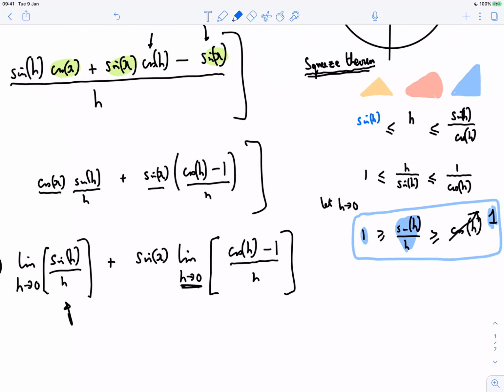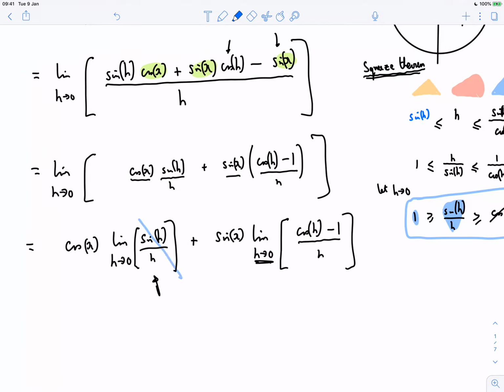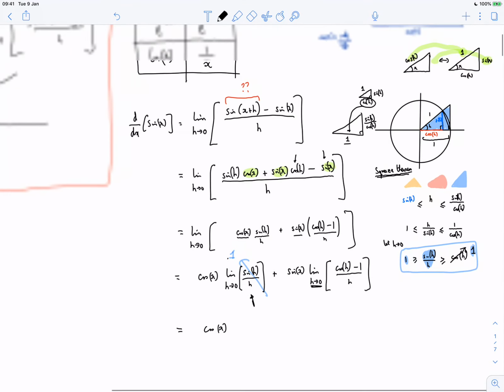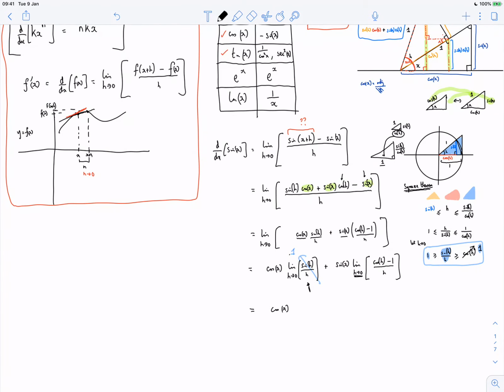So this whole thing over here will just simplify down to 1. So far we've got cosine x times 1, which is just cosine x. And now I'll box this off. So this was the squeeze theorem, quite important. Actually, no, that wasn't part of it. It's very important, squeeze theorem.